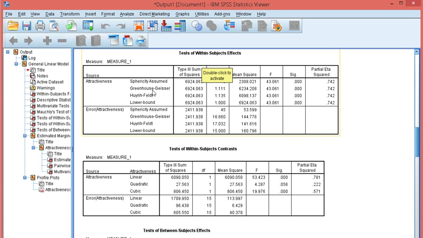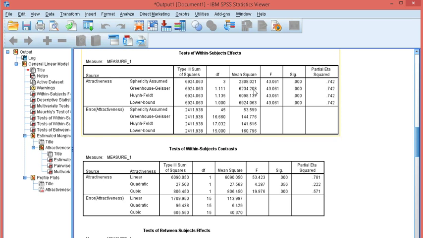So instead of reporting the original, we can instead report the values in this Greenhouse-Geisser correction. So this is the sum of squares, the degrees of freedom. Sum of squares divided by degrees of freedom, we get our variance. And for the error, sum of squares, degrees of freedom, sum of squares divided by degrees of freedom, and then we get this variance.